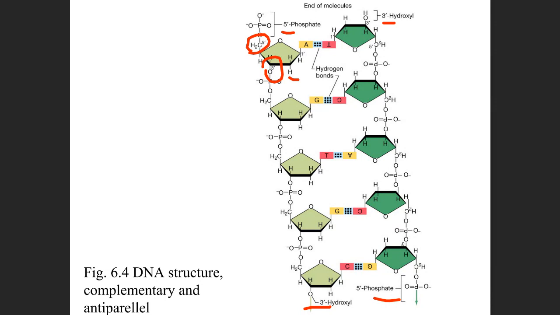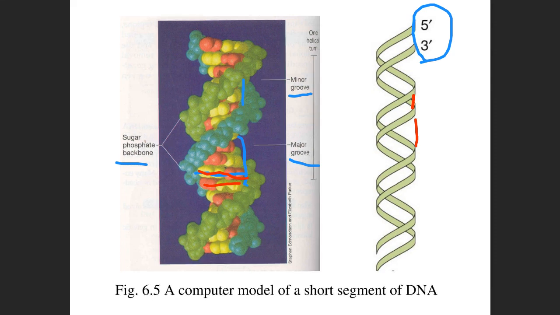And it's always expressed using 5 to 3, 3 to 5. So now, going back to here, you understand a simple number means a lot. It tells you the DNA strand is anti-parallel. At one end is 5 prime, the other end is 3 prime.